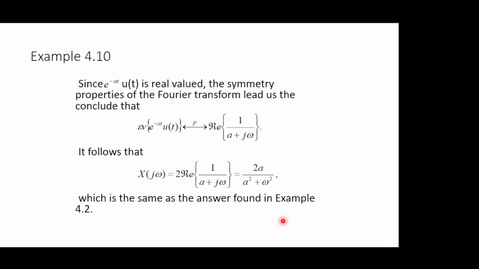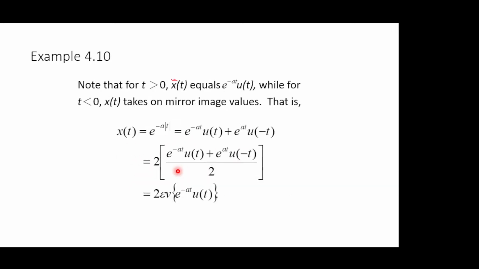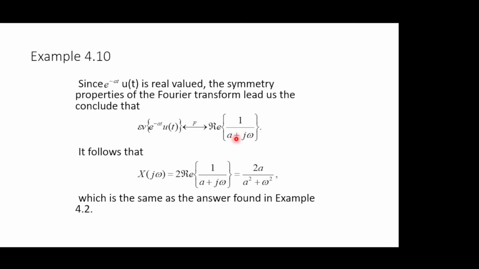The final Fourier transform of the two-sided function will be this 2 we have here times the real part of the 1 over a plus j omega we had before. So hopefully you still remember your complex analysis course. You take the real part, which is a over a squared plus omega squared.